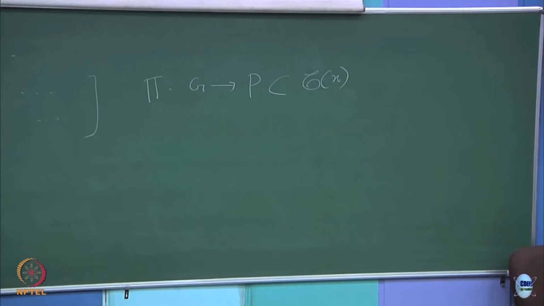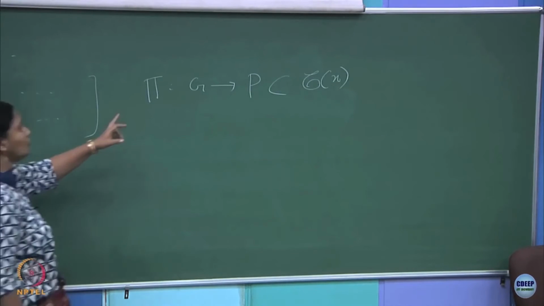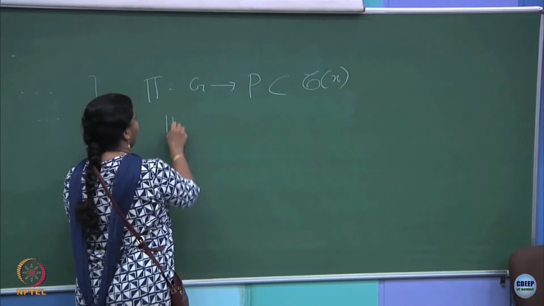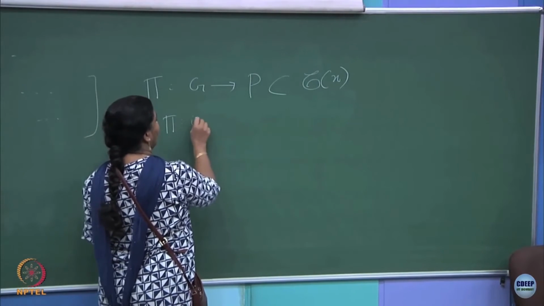This is what we want to show, and then we want to show that pi is an isomorphic map.